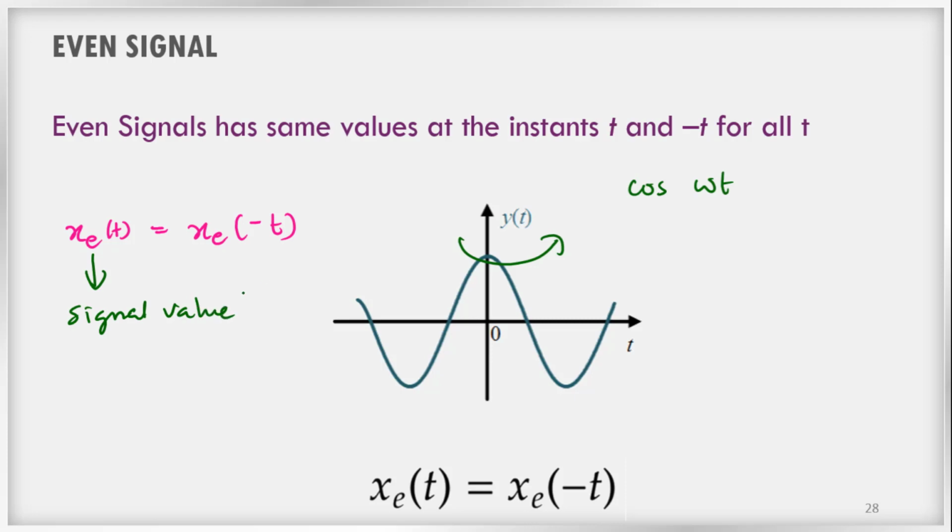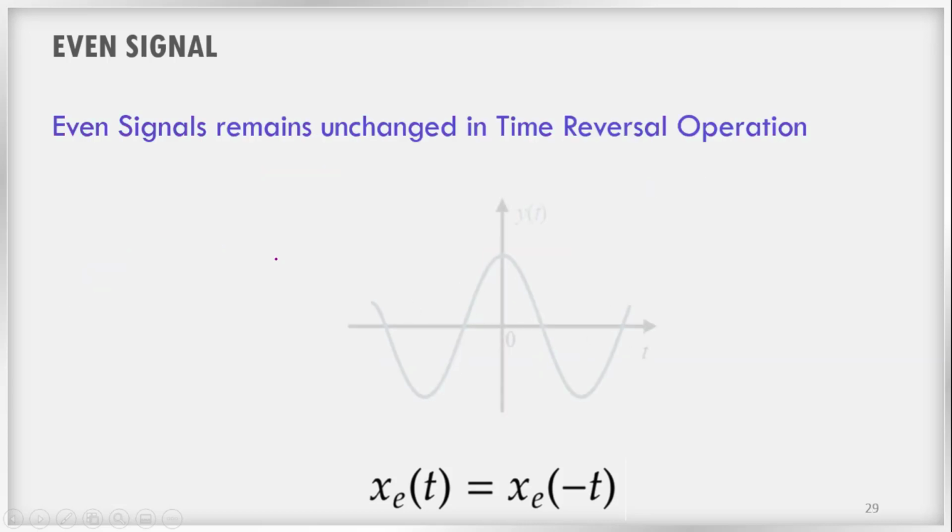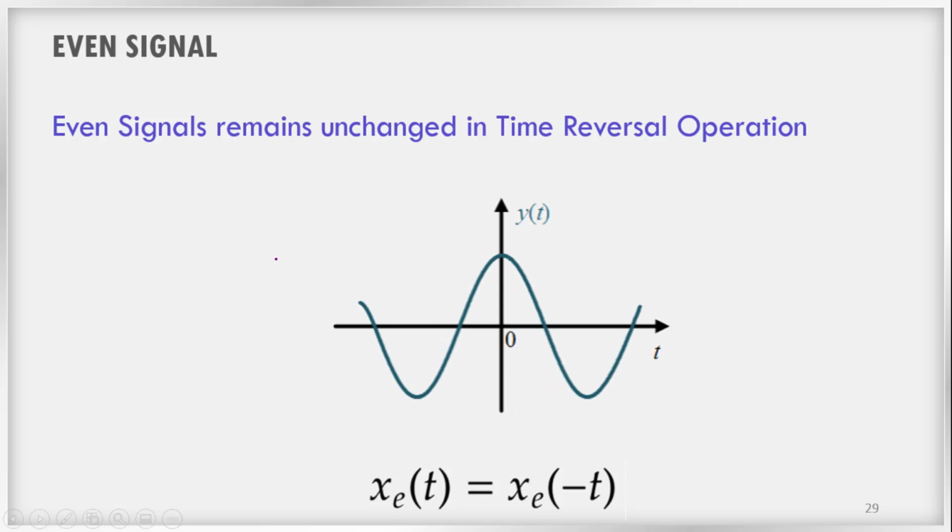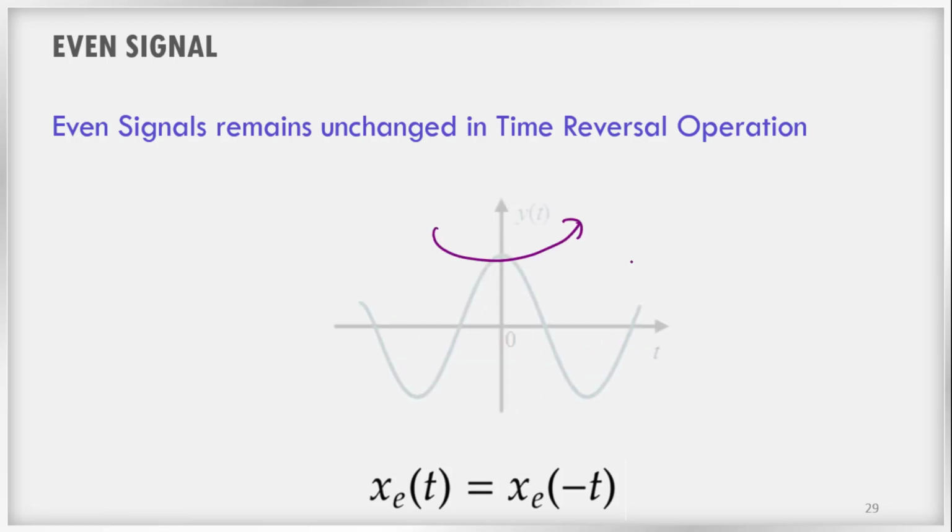So signal value at tth instant is equal to, this is also signal value, signal value at minus tth time instant. So this is the basic idea of even signal. So even signals remain unchanged in the time reversal operation, right? Its shape does not change in the time reversal operation.